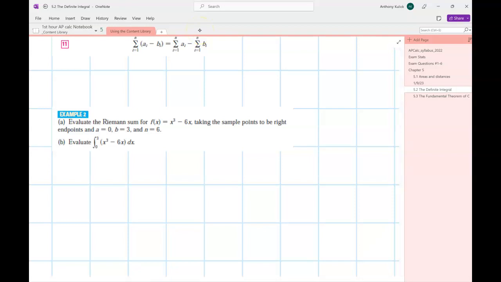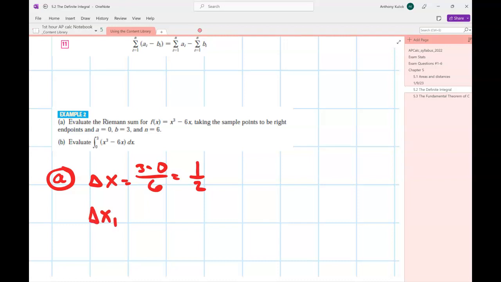Part A says evaluate the Riemann sum for f of x equals yada, yada, yada, taking the sample points to be right endpoints, and a to equal 0, b to be 3, and n to be 6. So I'll start by calculating my delta x. That's 1/2, b minus a over n.